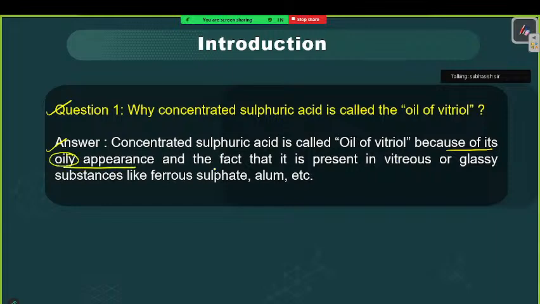Sulfuric acid is actually oily, and it is present in vitreous or glassy substances like ferrous sulfate, alum, etc. This is the answer. Or you can write the reaction. Previously we mentioned the reaction that it is prepared from ferrous sulfate or even from alum, etc. It can be prepared from different sulfate salts.